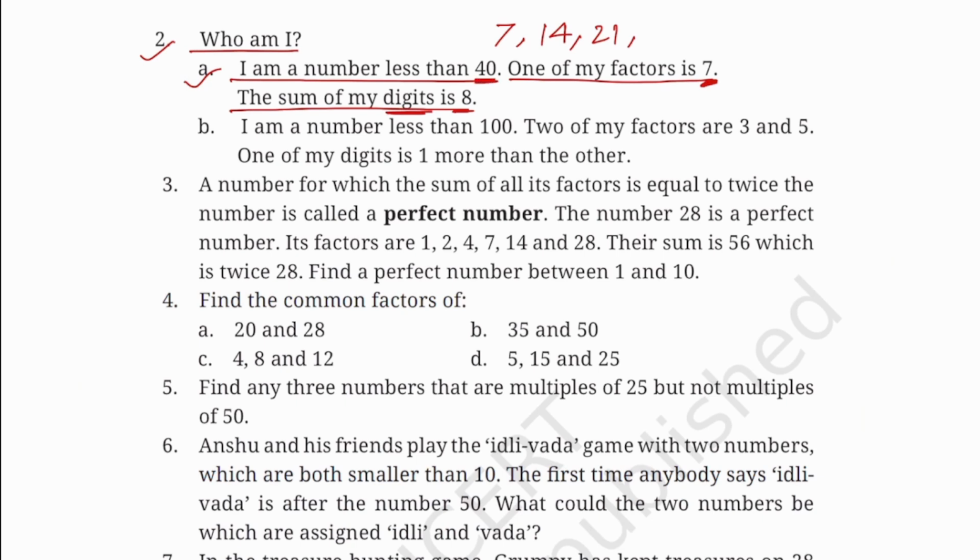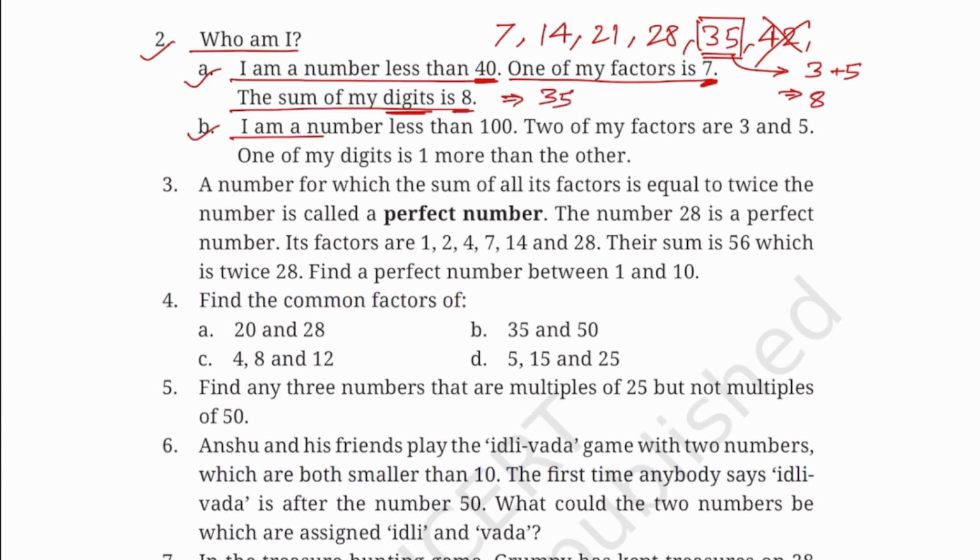Kindly note that you have to write numbers less than 40. If you observe this carefully, you can see 35 has 5 at its units place and 3 at its tens place, and sum of the digits is 8. So the answer is 35.